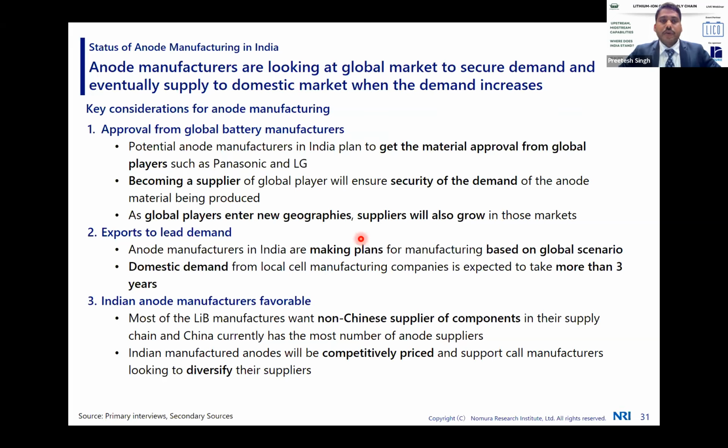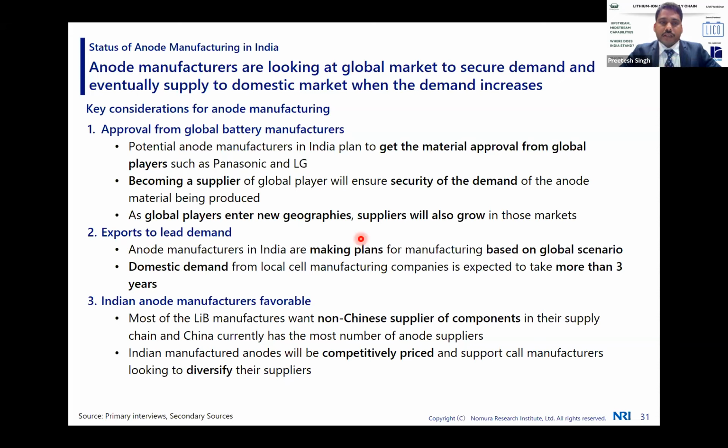So they look to get the material approved from global players such as Panasonic and LG first. Becoming a supplier of such players definitely gives a very good advantage and acceptability to all kinds of battery manufacturers.